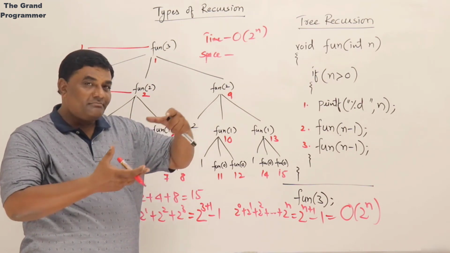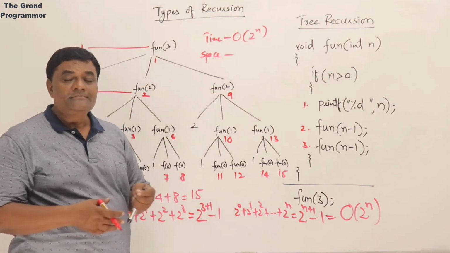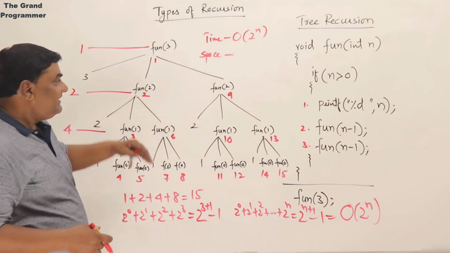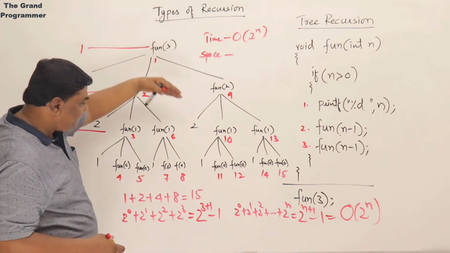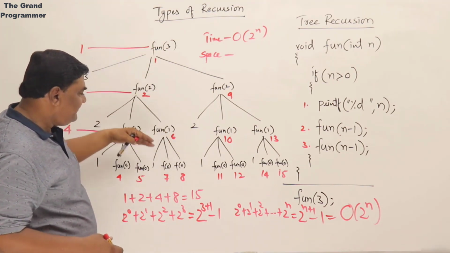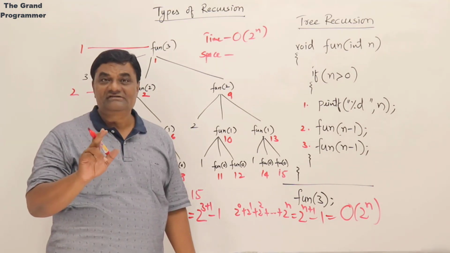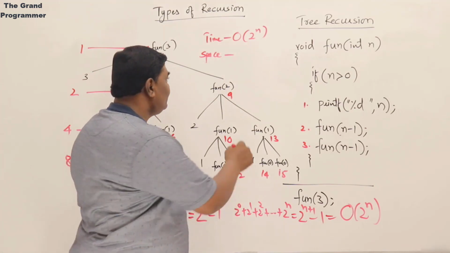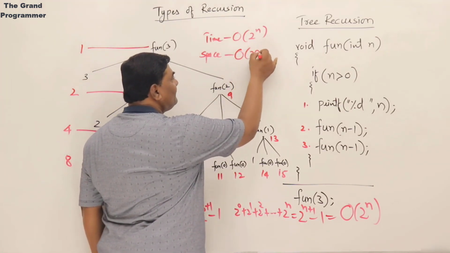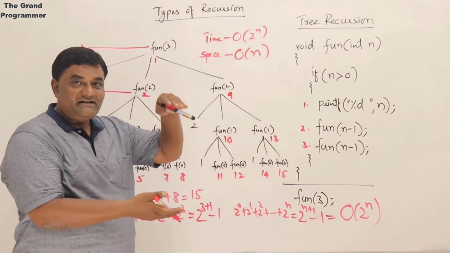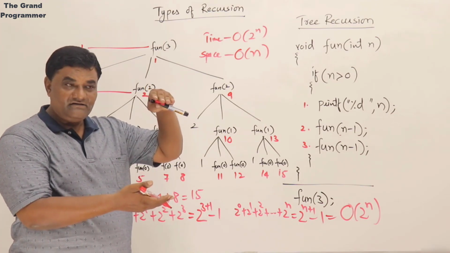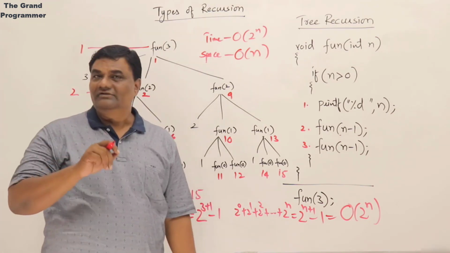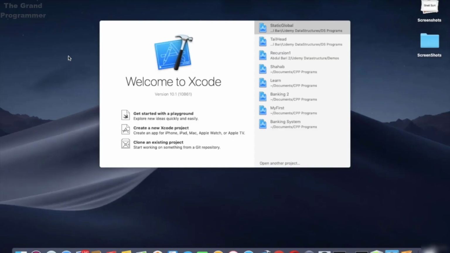So we don't require much space, just like 2 power n, but we require the space equal to the height of the tree that we got here. So 1, 2, 3, 4. If it is 3, 4 is the space. So if it is n, n plus 1 will be the space. So it is order of n. Space complexity is order of n. So maximum stack size that we need is n. That will be sufficient. So that's all about tree recursion.